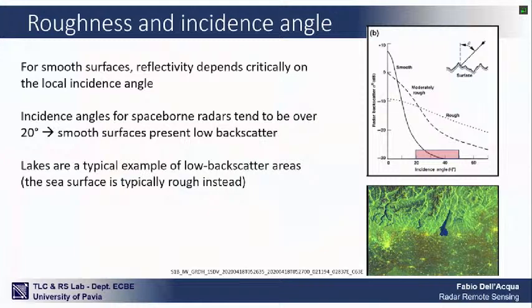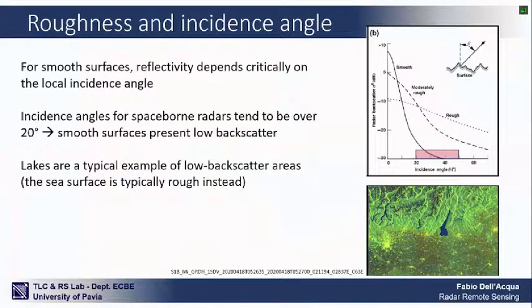Now, the next step is that spaceborne systems need to be designed in a way that they don't have the full range of angles available. There are technical reasons for which you need to limit the incidence angle to a certain range, typically between 20 and 50 degrees.